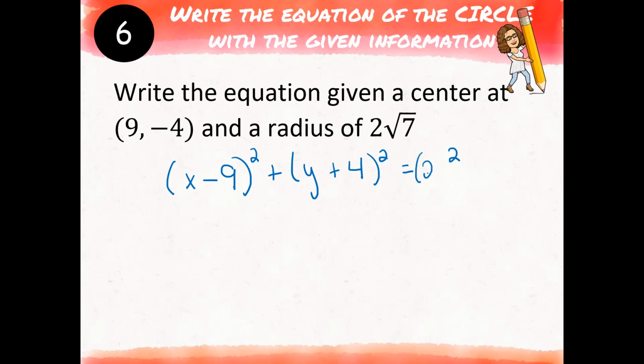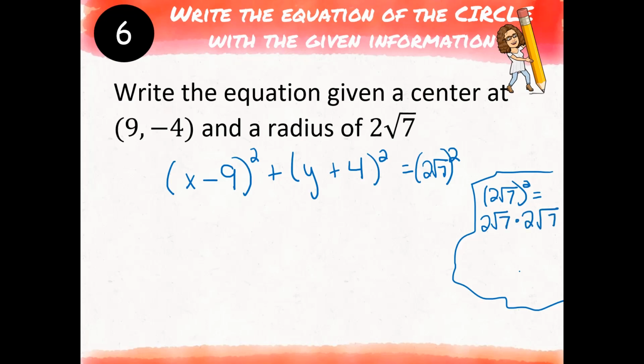And then I got 2 square root of 7 squared, because 2 times the square root of 7 is the radius. Well, I got to simplify this right-hand side. So let's have a conversation over here. What is 2 square root of 7 squared? Well, remember, squared means write that thing twice, right? Let's multiply the outsides and the insides together.